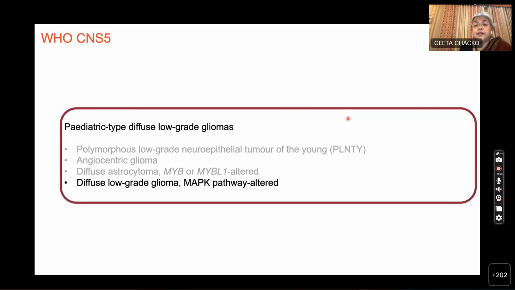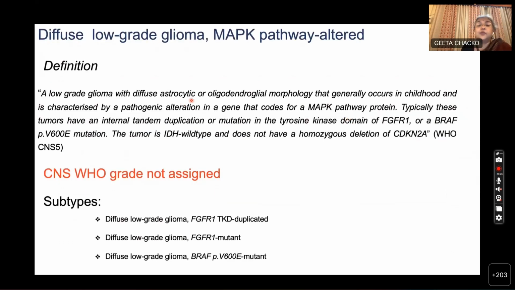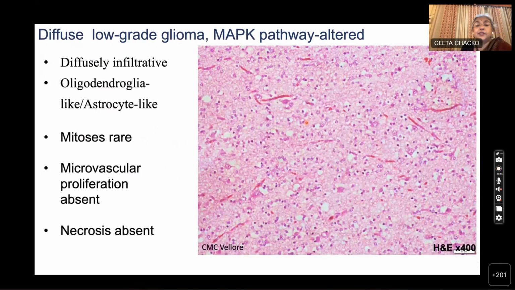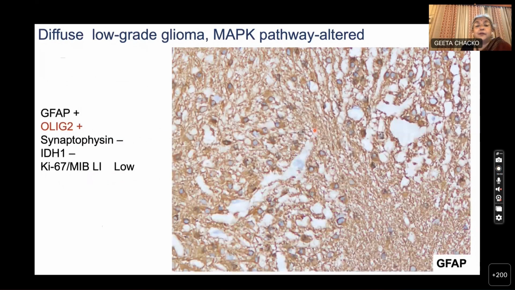And the last one, the MAP kinase altered, is again a tumor which has a diffuse pattern, could look like an astrocytoma or an oligodendroglioma, but you diagnose it only by the MAP kinase pathway alteration. So again, long-standing history of seizures, either an oligo or an astrocytic pattern.